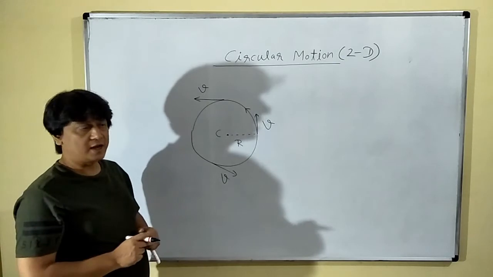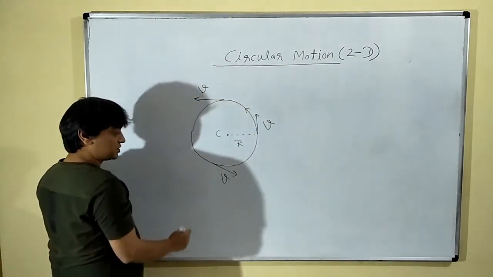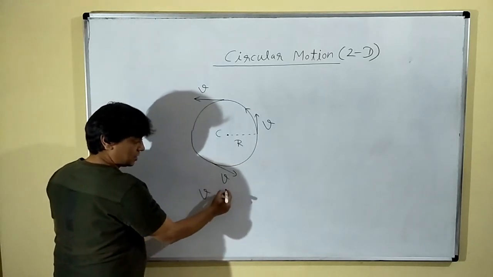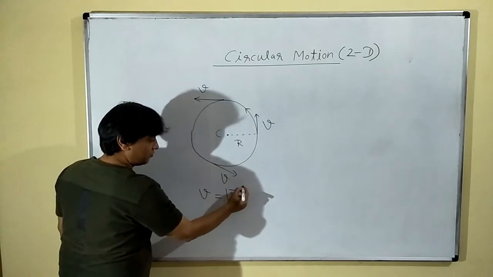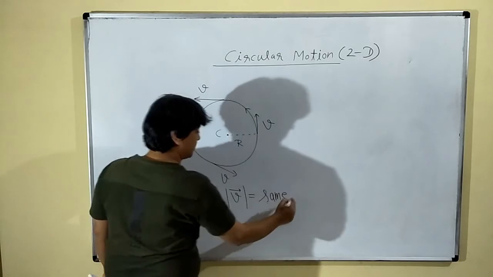You can see that the direction is continuously changing. What is happening in this case? V, the magnitude of velocity, is the same.